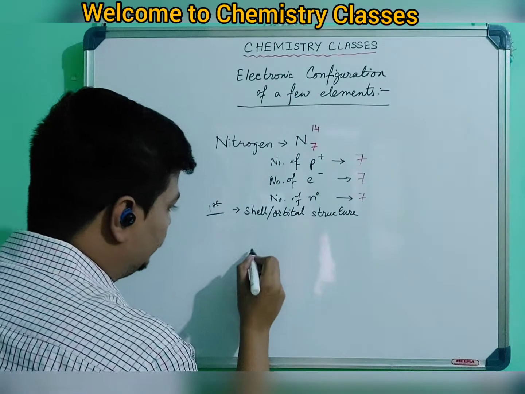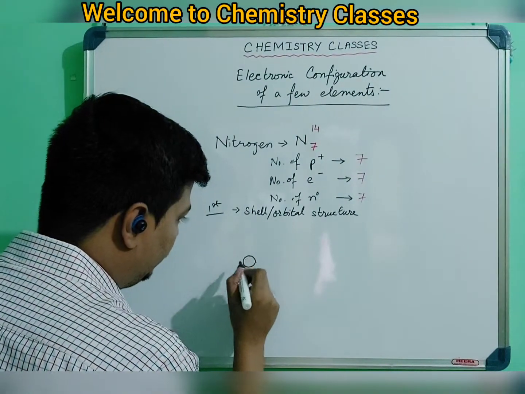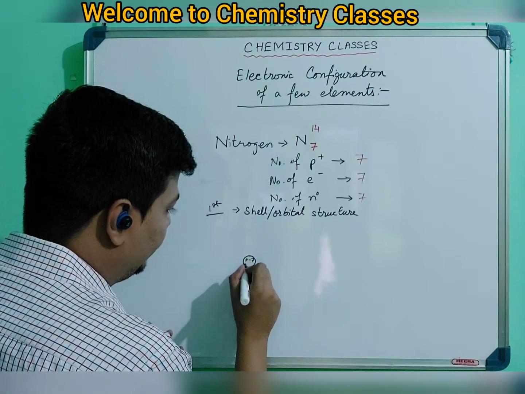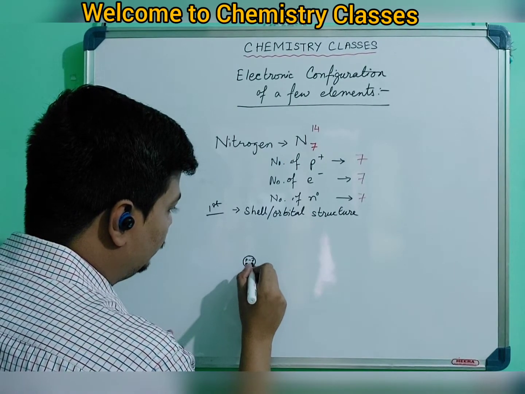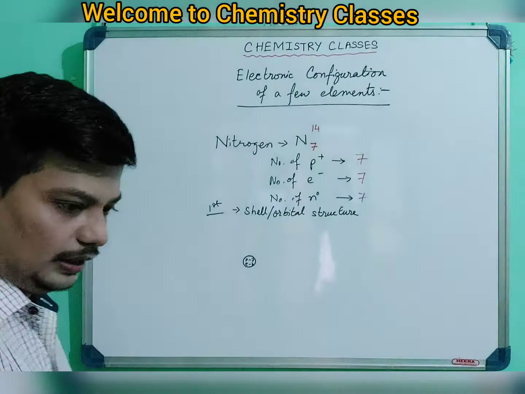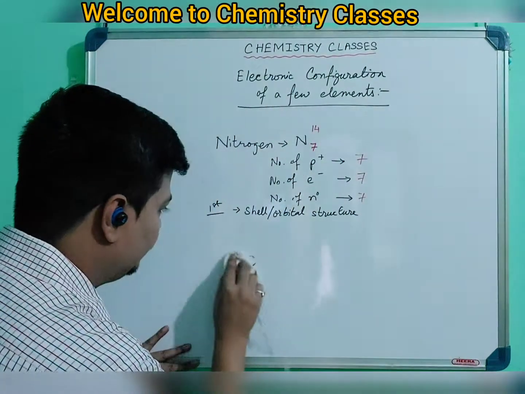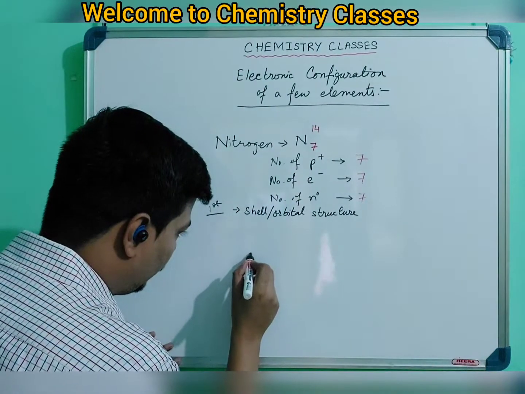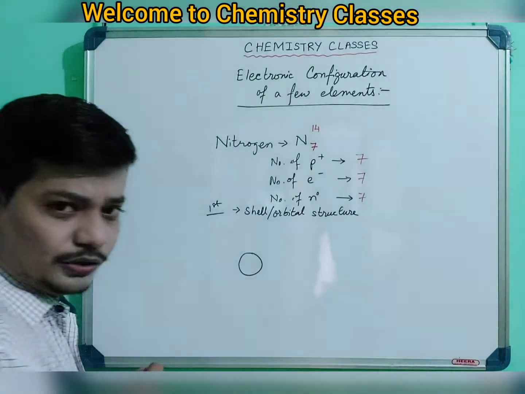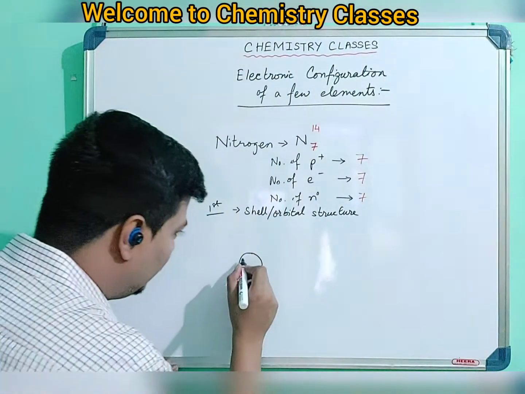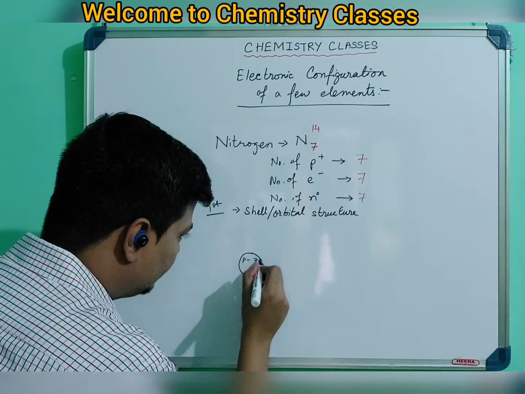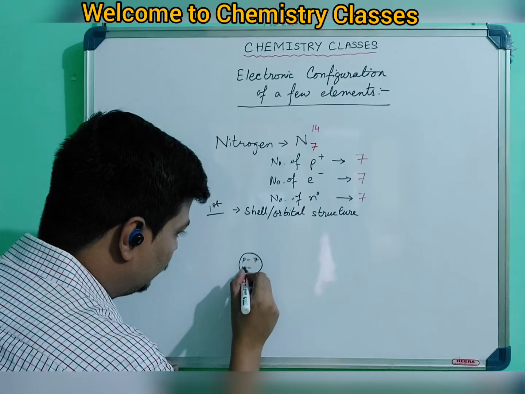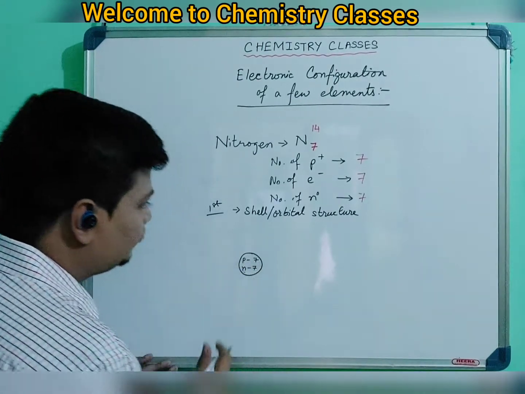So for this one, this is my nucleus. Over here there is proton 7, electron 7. Let me draw it a little bit bigger. So I think this is visible right now. Protons 7, neutrons 7.